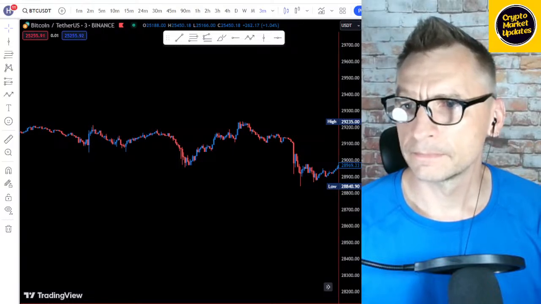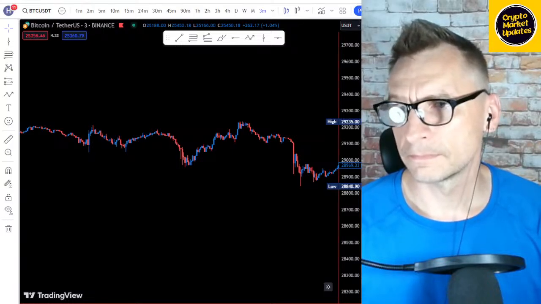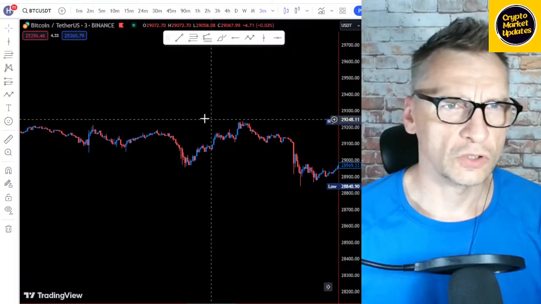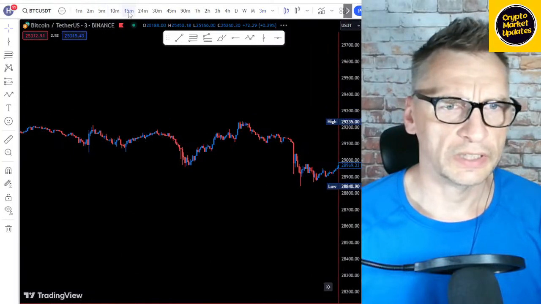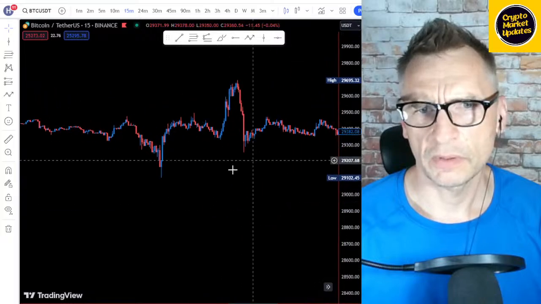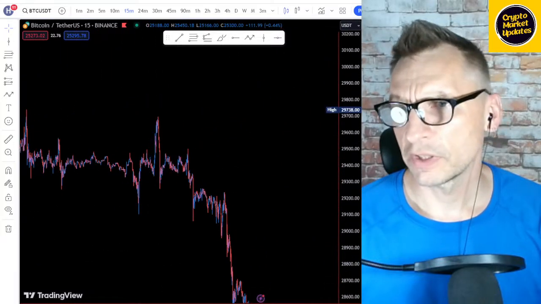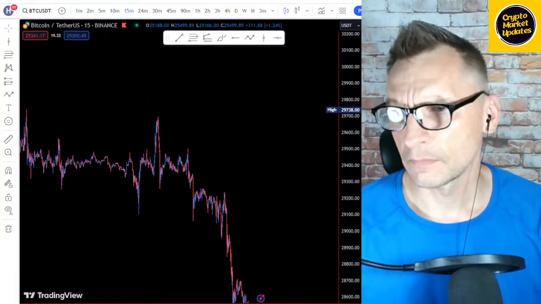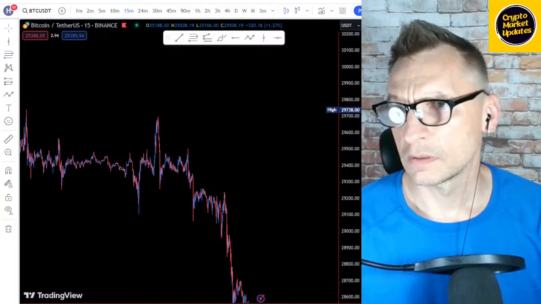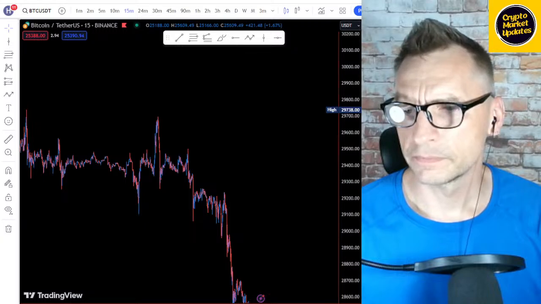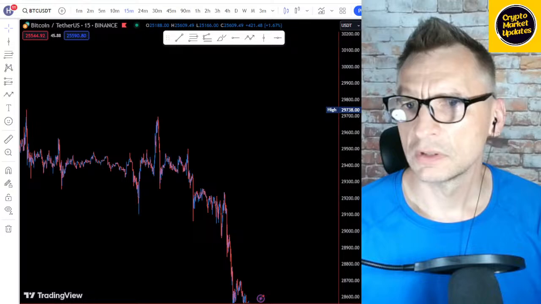View and open any volatile market. Select a time frame between 5 minutes and 1 hour. So let's go to like 15 minutes here. When analyzing price action for a long entry, the following must be met.